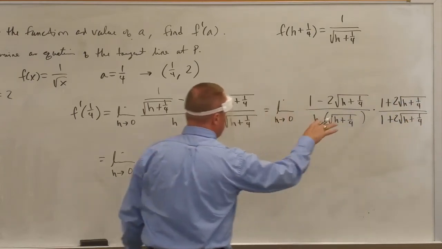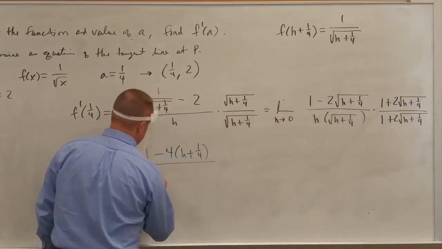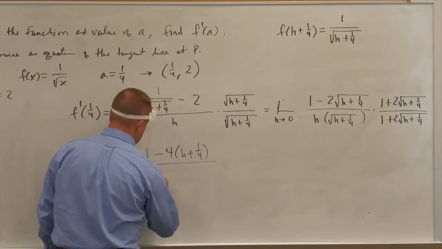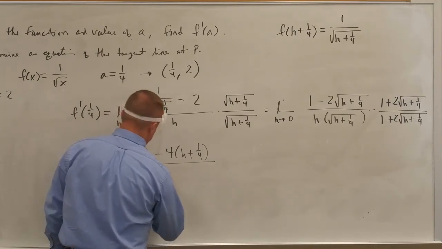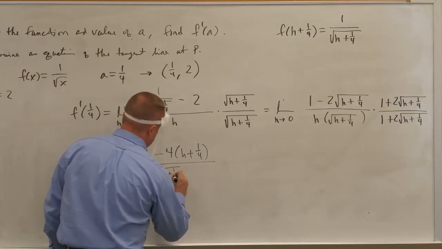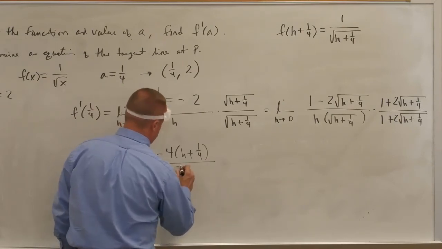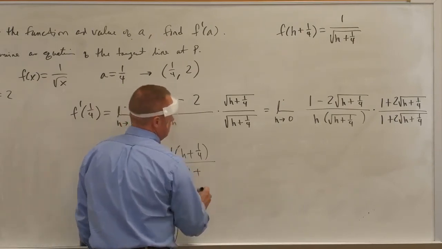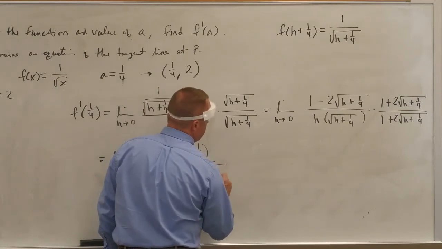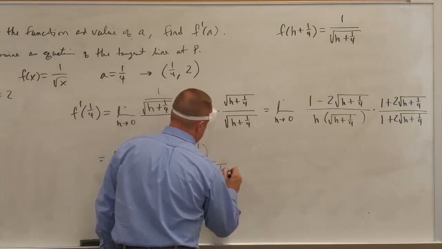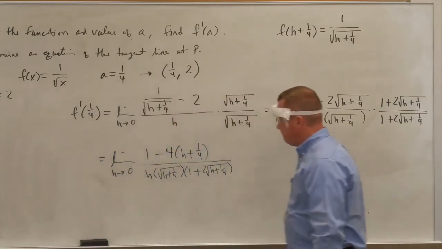The bottom, let's just write as h times root h plus 1/4 times 1 plus 2 square root h plus 1/4.